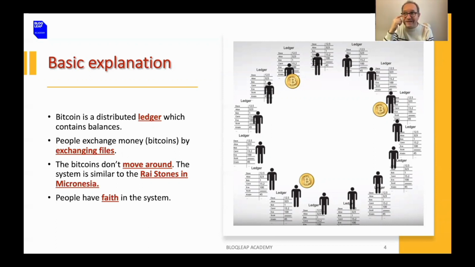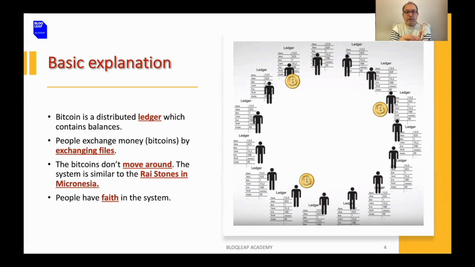But this old man is not really thinking of people, because in the system there is no picture of you, no address, no name, nothing. You are just, remember, a string of letters and numbers. So the old man is going to say, oh, this number from this wallet claims it wants to send 1 Bitcoin to this other wallet. So he is going to first double check if what I claim is true.